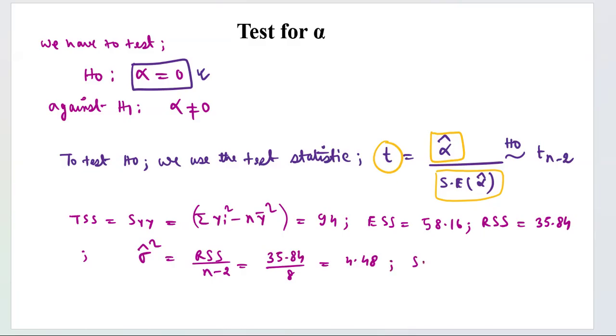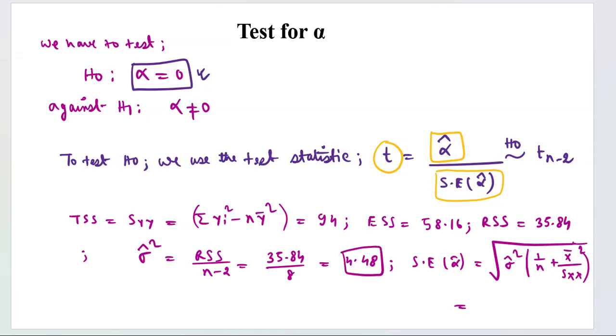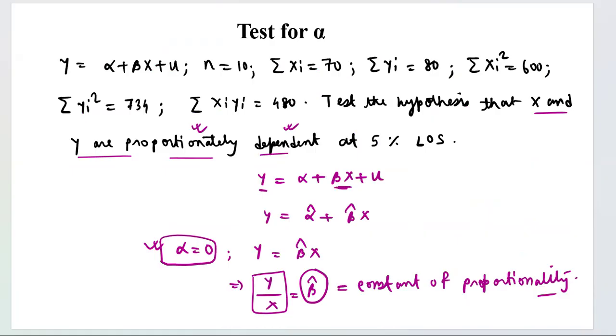So what is the standard error of alpha cap? Standard error of alpha cap is root over sigma cap square times 1 upon n plus x bar square upon Sxx. Now you have all the values. Sigma cap square we have calculated. N is 10. X bar is 70 by 10, which is 7.